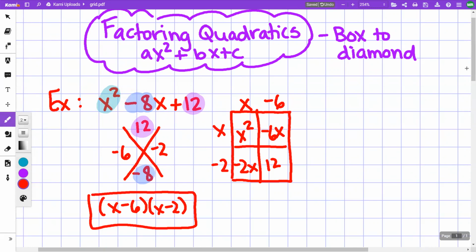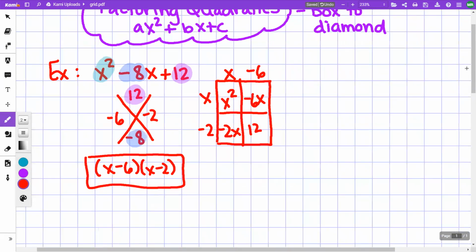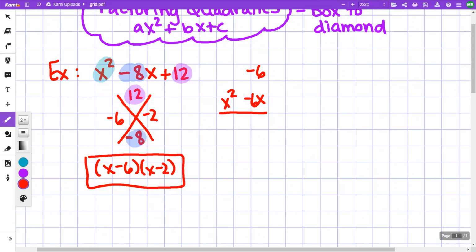Now, we're going to be doing it using a different method, where we do a box to diamond, because we're going to have numbers in front. So let's say I have, for example, 2x squared plus 5x plus 3.